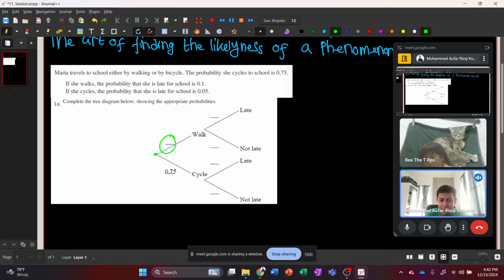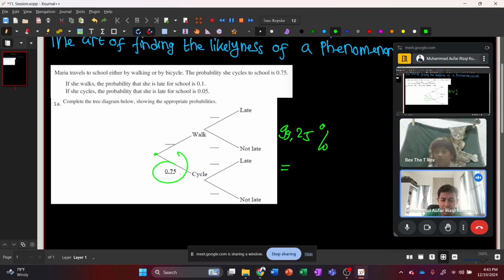There is a fill-out-the-blank section here. What is the value for this box? What is the chance of Maria walking to school? 99.25? Is this in percent?